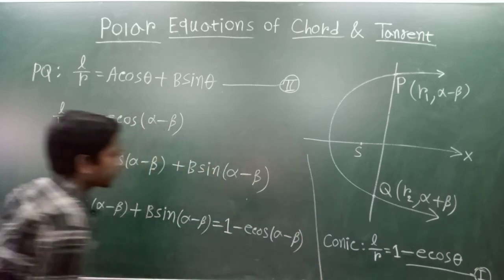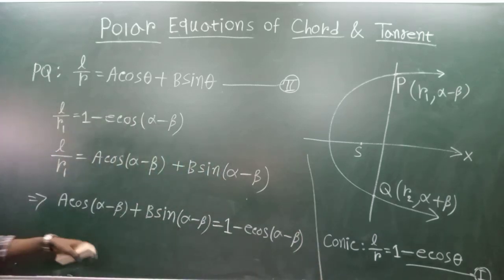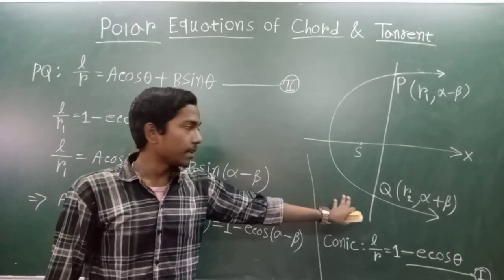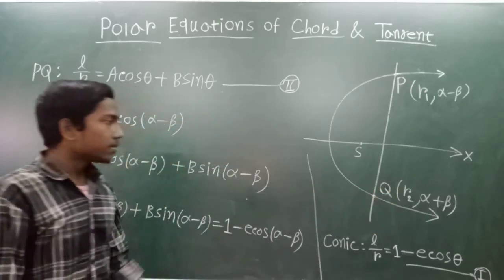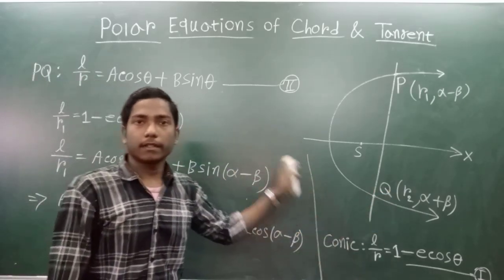Now students, similarly, Q is a point on the conic and Q is a point on the chord, so it will satisfy both equation number 1 and equation number 2.